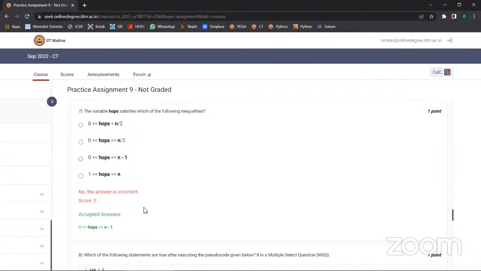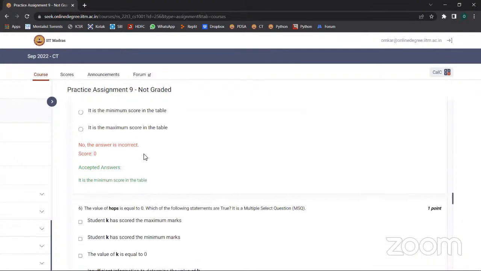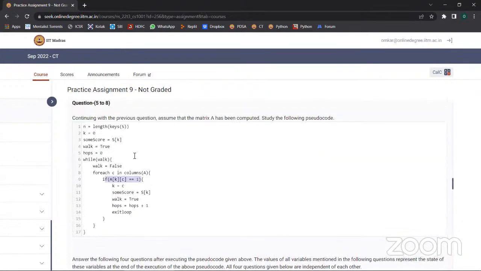Now why? For example, we are talking about a student, the starting point, right? The starting point is our student K. For example, student K is the person with the lowest marks in the class. In that case, this condition will never be true.